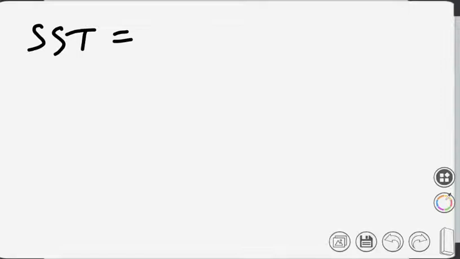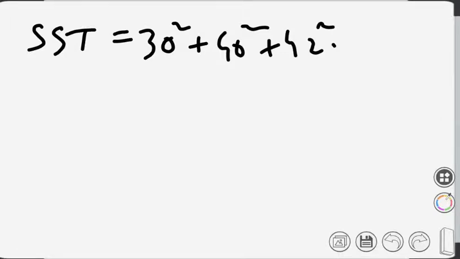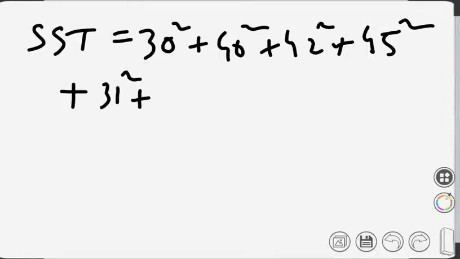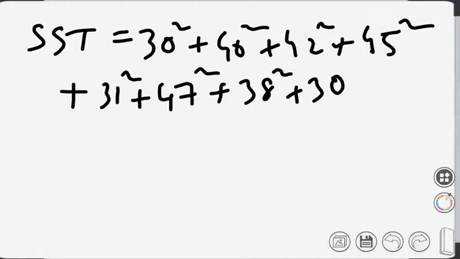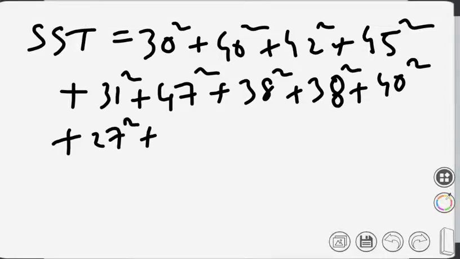30 square plus 40 square plus 42 square plus 45 square plus 31 square plus 47 square plus 38 square plus 38 square, plus 40 square, 27 square, plus 42 square, 35 square.